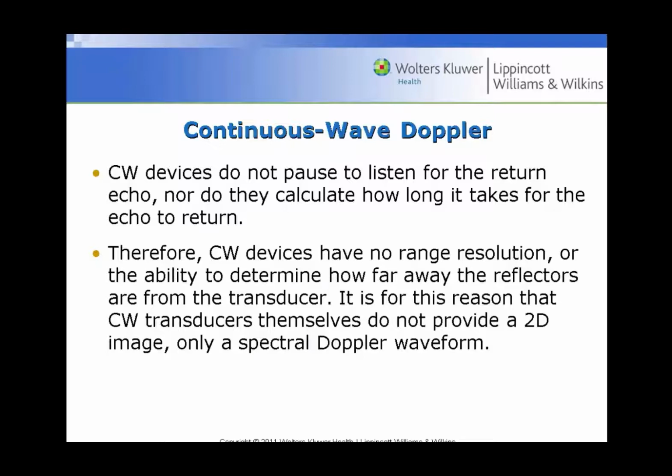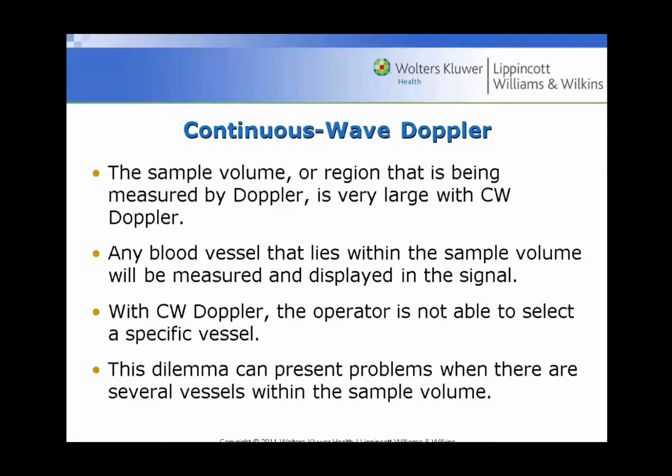So we'll have to go between pulse echo and continuous wave kind of rapidly. As you see on this slide, the dilemma is when there are several vessels within the same sample volume, because continuous wave will sample everything that it touches, and we don't have a way to resolve that.